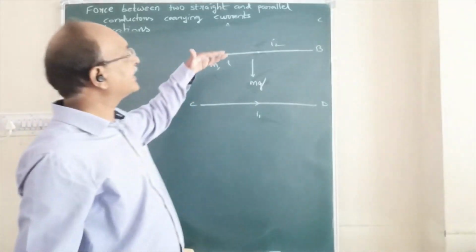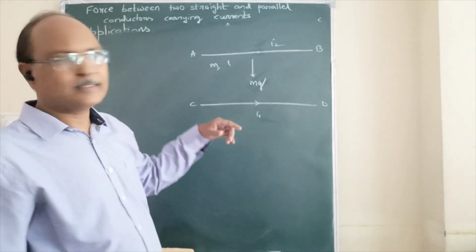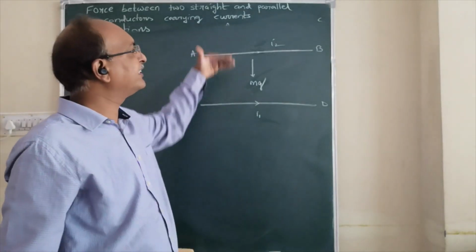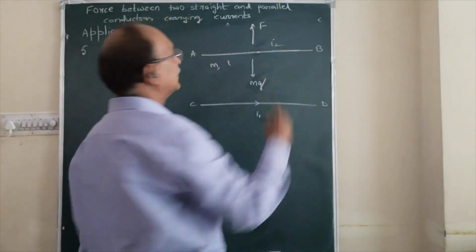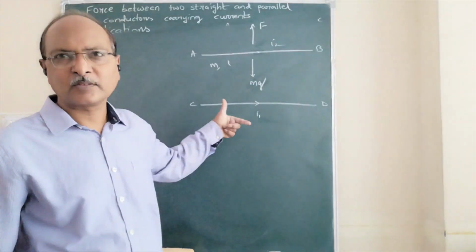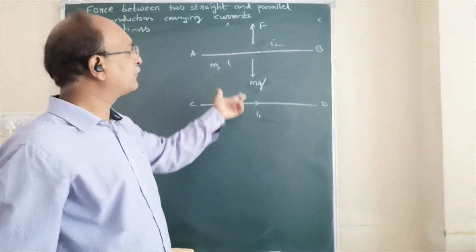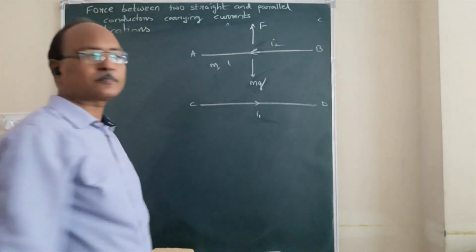So if the wire is to be in equilibrium, then there should be some force between them in the opposite direction. That means there should be some repulsive force. So for the repulsive force, the current should be in the opposite direction.